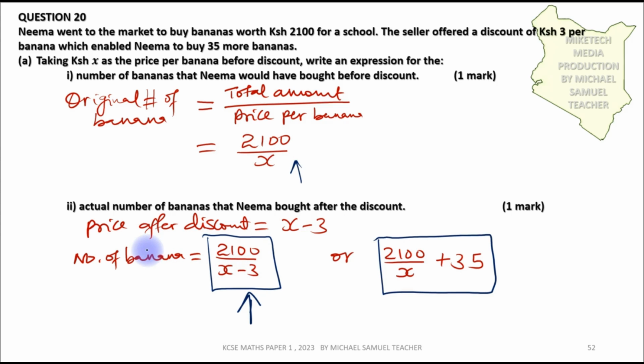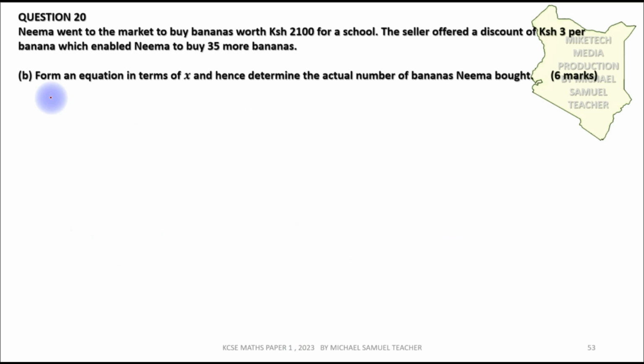The number of bananas after discount is more by 35 than the original, so that will be 2100 over x minus 3 minus 2100 over x. If you subtract the two, it will be 35, remember 35 more bananas were bought.